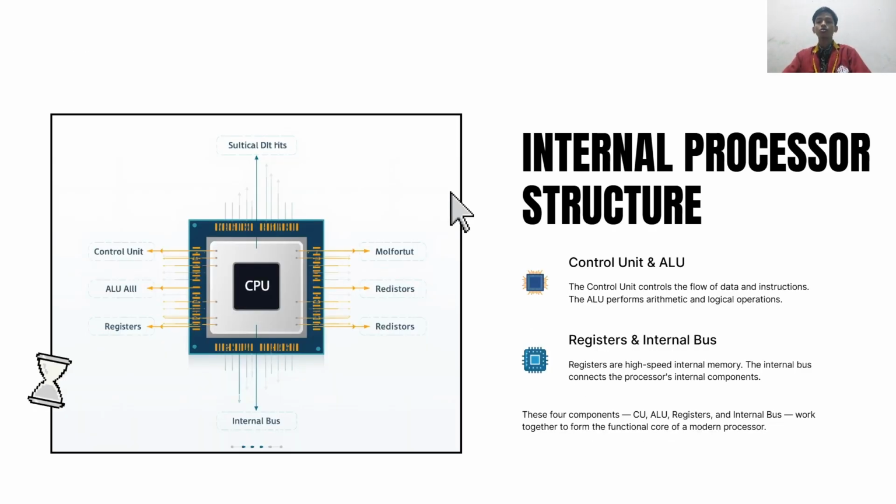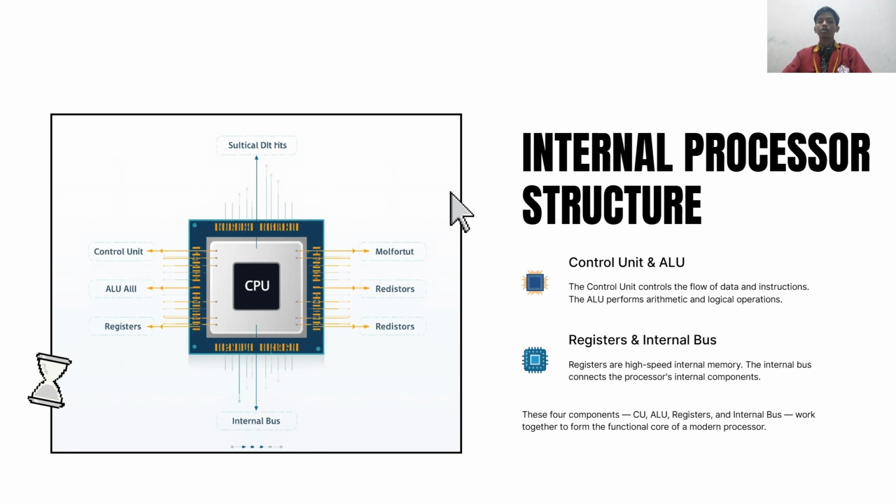Internal processor structure. Now let's look inside the processor. There are four main components. The control unit manages the flow of data and instructions, like an orchestra conductor. The ALU performs arithmetic and logical operations.